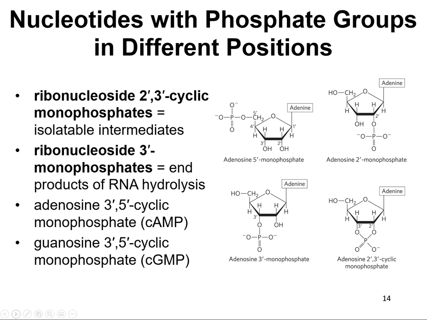You don't need to memorize the different positions, but again, just be aware that this is a thing and they have a purpose. What you'll definitely see when it comes to signaling is cyclic AMP and cyclic GMP. So those are definitely two important ones to take note of, not because you need to know the structure, but just because it may crop up again in one of our case studies when we're looking at things that have to do with nucleotides.